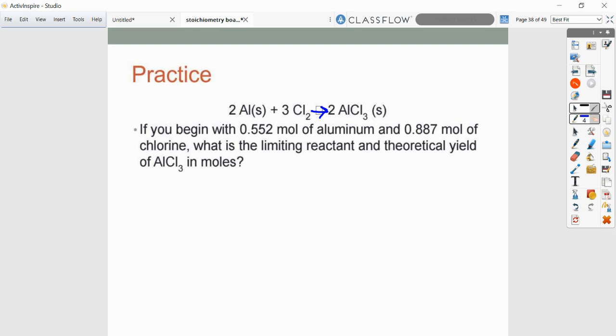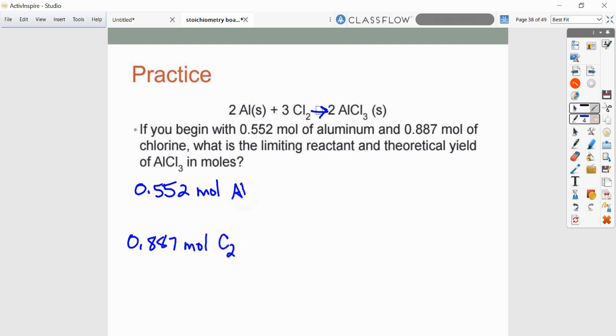And so if we start with 0.552 moles of aluminum and 0.887 moles of chlorine, what's the limiting reactant and theoretical yield of AlCl3 in moles? So for this one, we would have 0.552 moles of aluminum. We have 0.887 moles of chlorine.